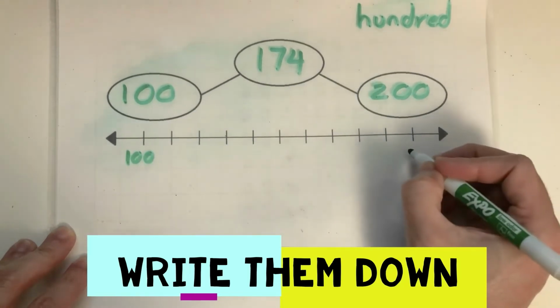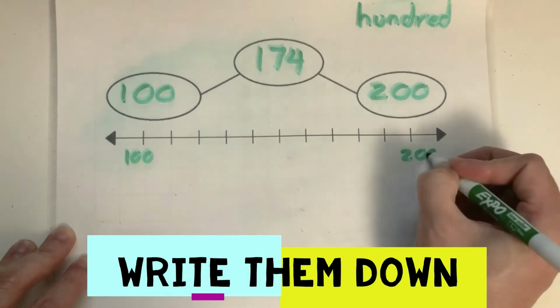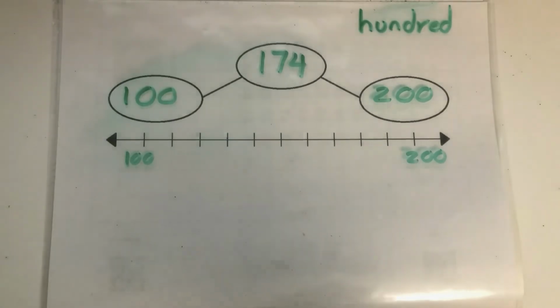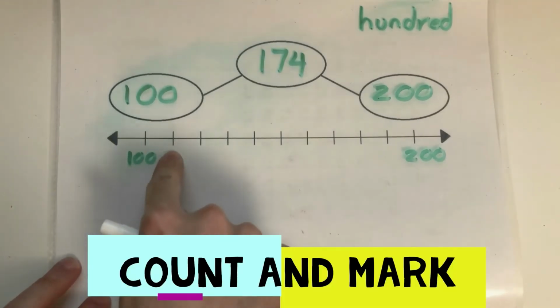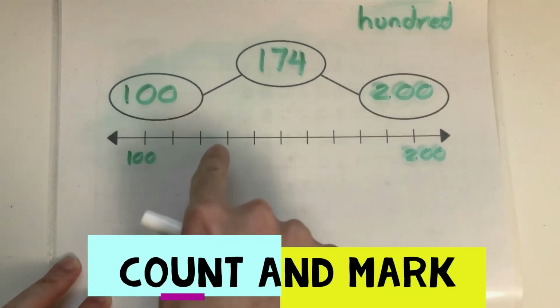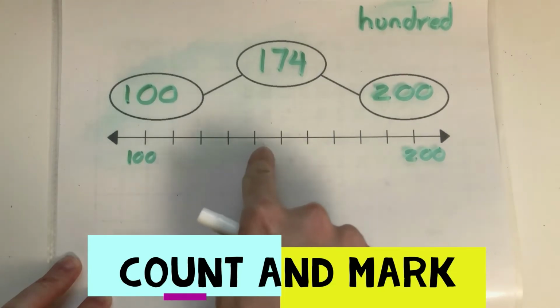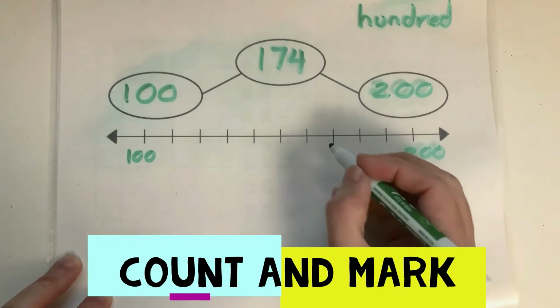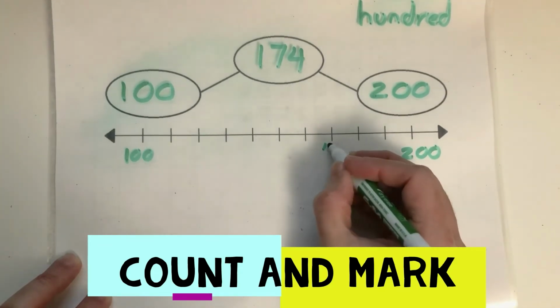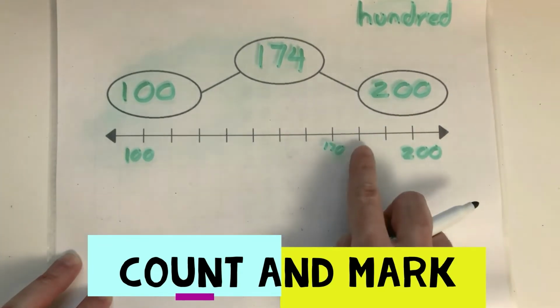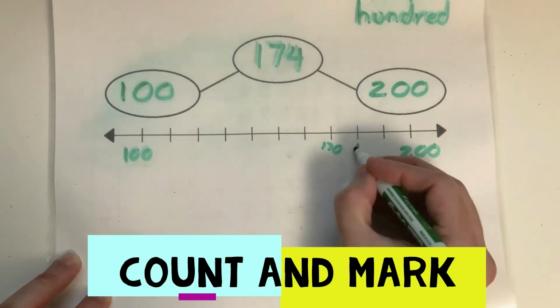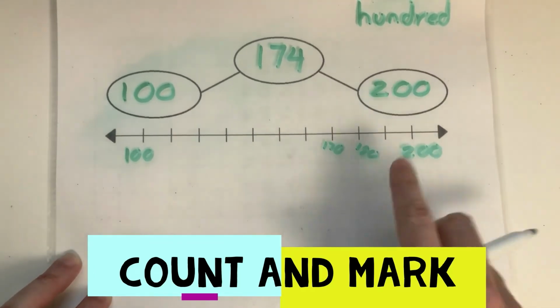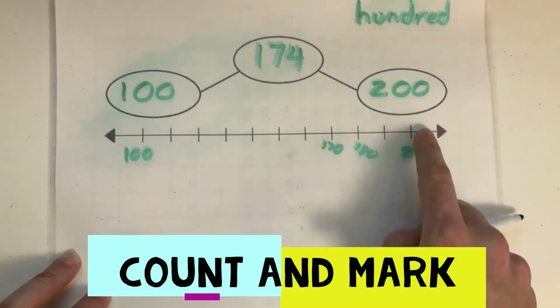100, 200. And we count 110, 120, 130, 140, 150, 160, 170. I want to write 170 here, 180, 190, 200.